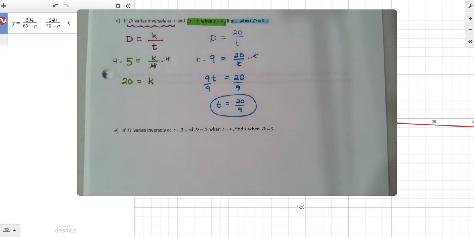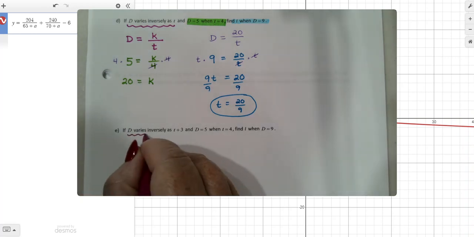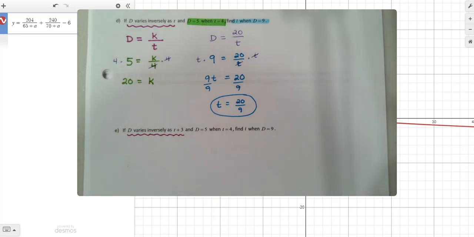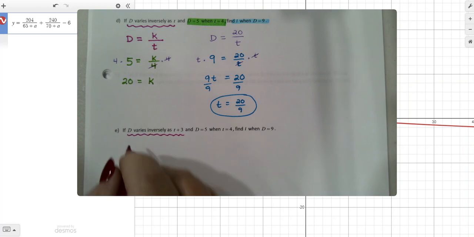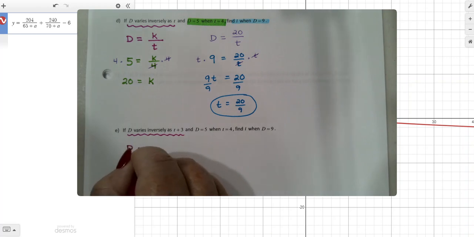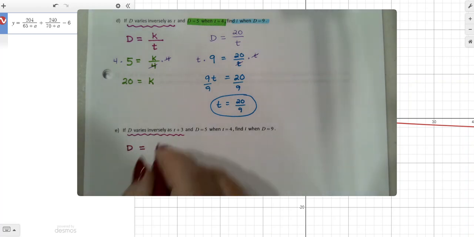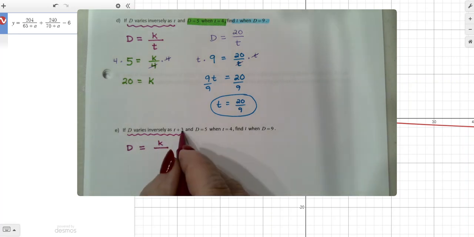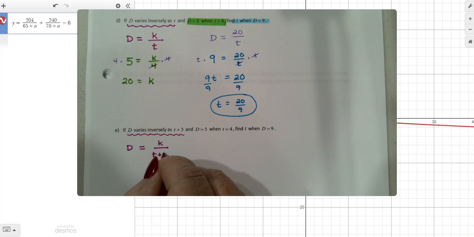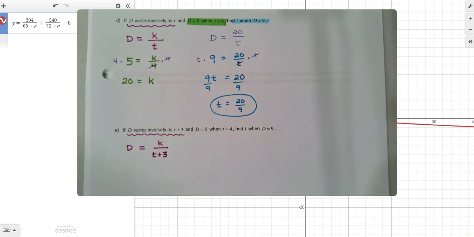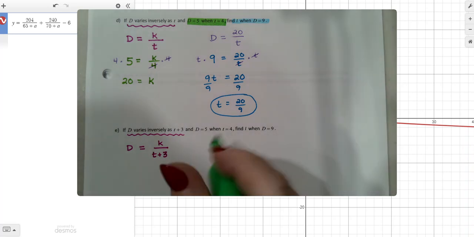All right, let's try another inverse one. This time, D varies inversely as t plus 3. So if I write my variation equation, D equals, varies inversely, k divided by t plus 3. All right, D is 5 when t is 4.